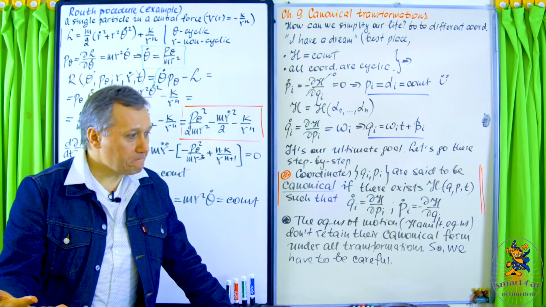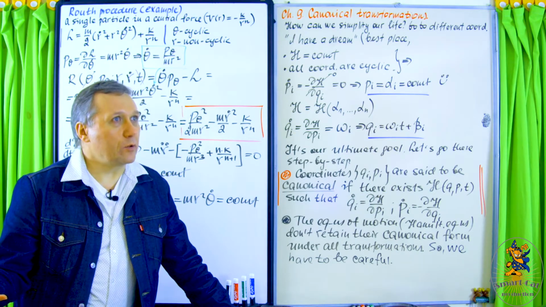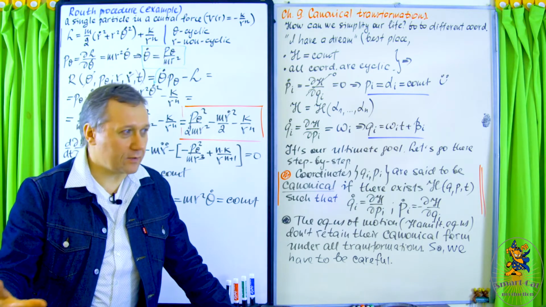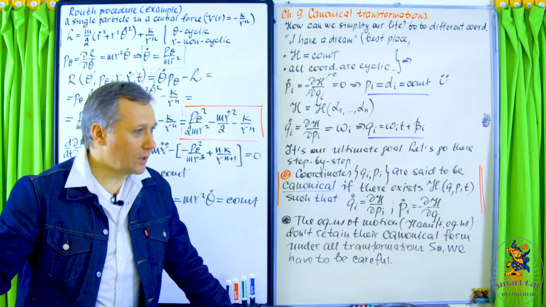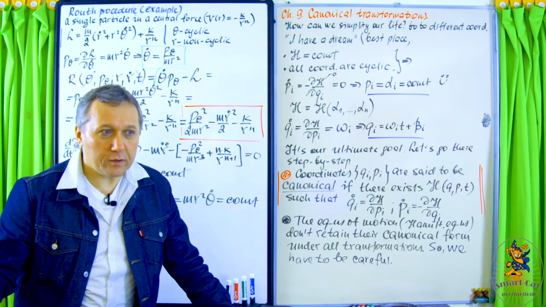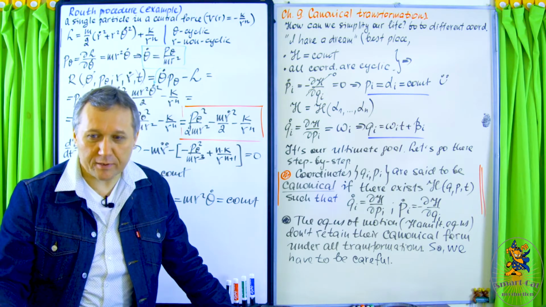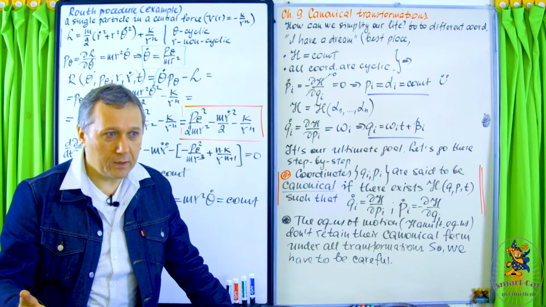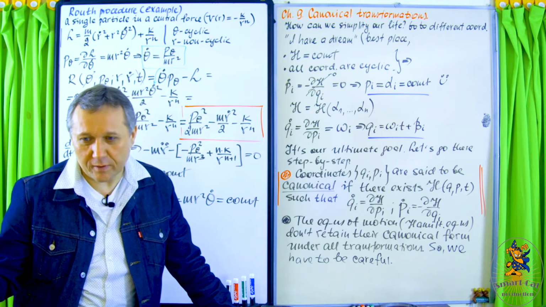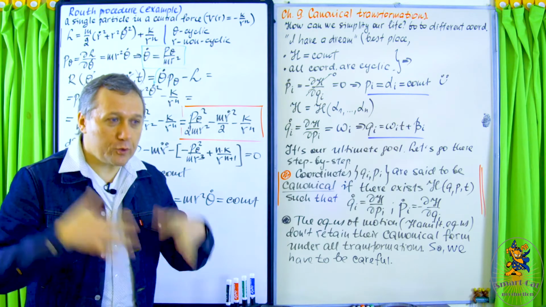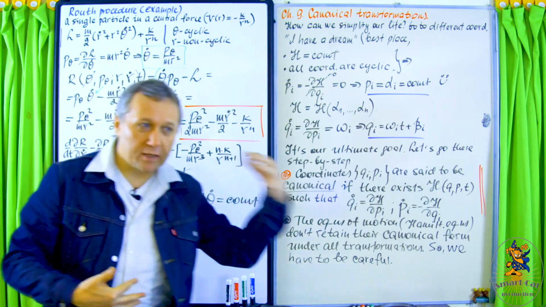If you live somewhere, say in Austria, you don't want to go to some strange place, let's take an extreme, North Korea, where the rules are completely different. Basically, equations of motion are completely different. Who wants that? Of course, you want to go from a nice place to another nice place.